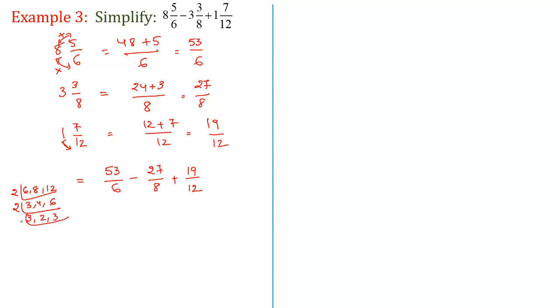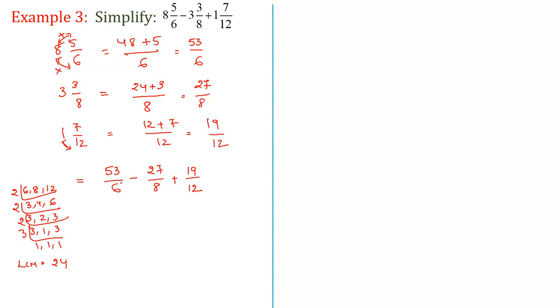Again 2 1s are 2, 3. Again 3 1s are 3, 1. So last row is 1. Multiply: 2 2s are 4, 4 2s are 8, 8 3s are 24. So what is the LCM here? 24.